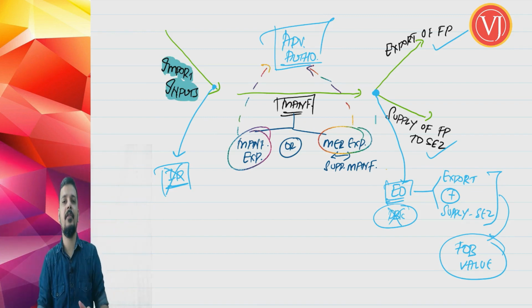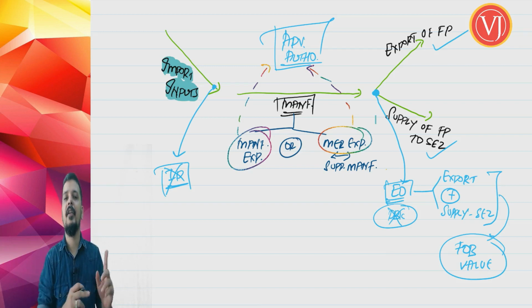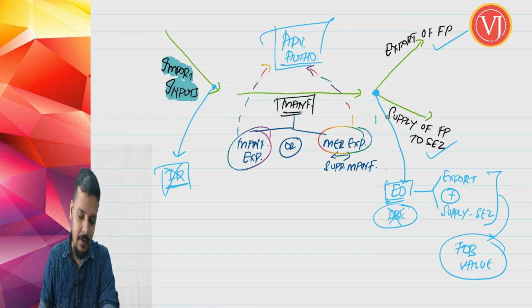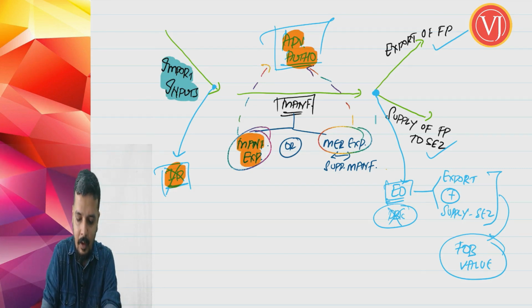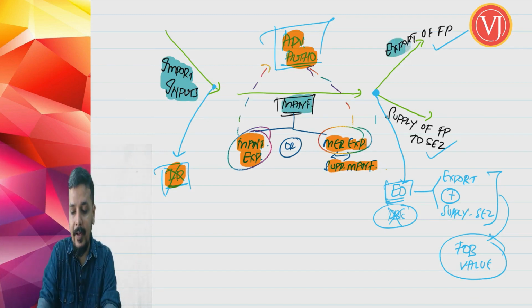Merchant exporter is getting advance authorization, but the import of inputs and manufacturing of final product is done by the supporting manufacturer, who will give him the final product, and merchant exporter will export them, right? So there is an import of inputs without payment of import duty against this advance authorization, which is either applied by your manufacturer exporter or merchant exporter who is tied up with a supporting manufacturer. Now friends, thereafter manufacturing is happening, and either the final product is exported or it is supplied to special economic zone.